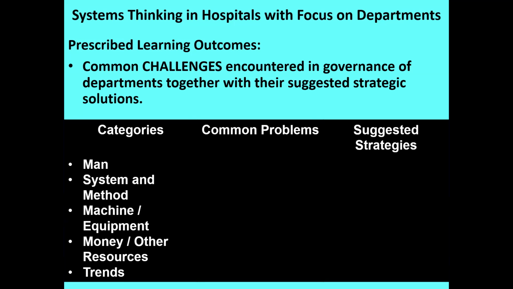You can try to remember my suggested strategies, but I leave it up to you. You can add more as needed based on your settings and circumstances, particularly on these strategies, because you have different settings.